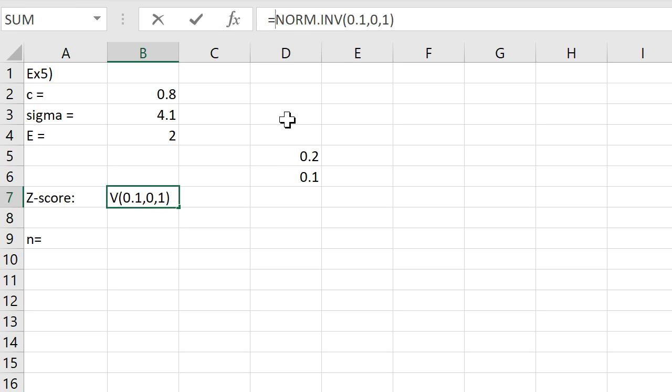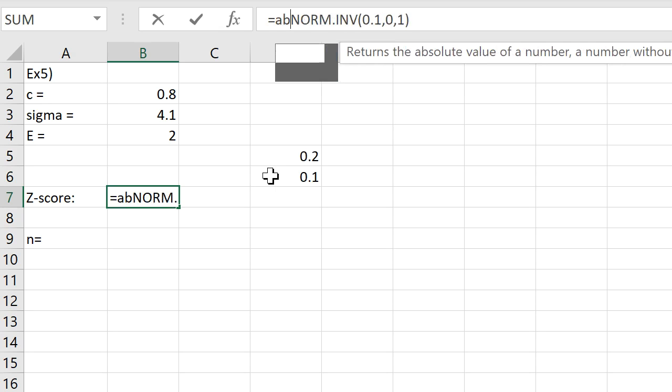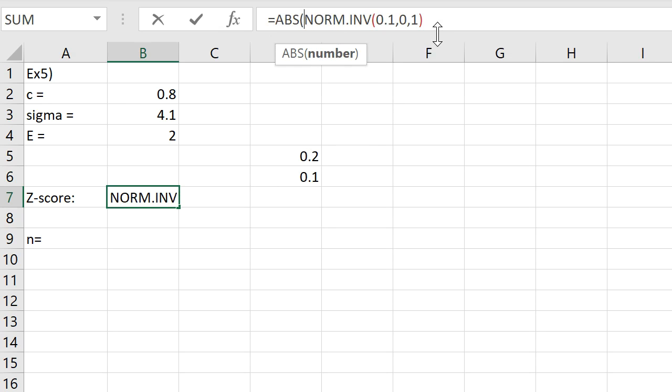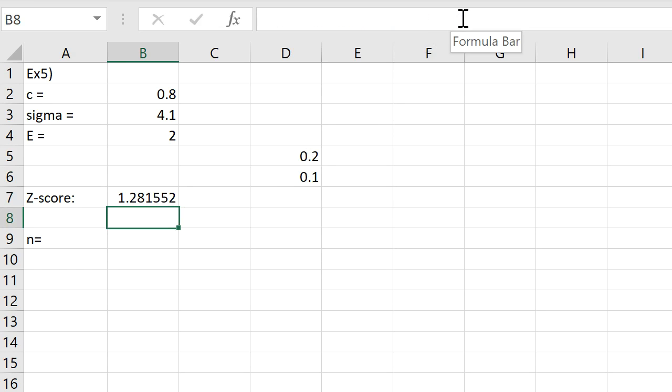Now, again, we don't need it to be negative, so I am just going to go ahead and change that. For the record, as long as you put everything in correctly, it shouldn't change your answer even if you do keep it negative, but in general that z sub c is positive. So I'm just going to go ahead and put absolute value surrounding what we already had there. Again, all it did was take that negative off.